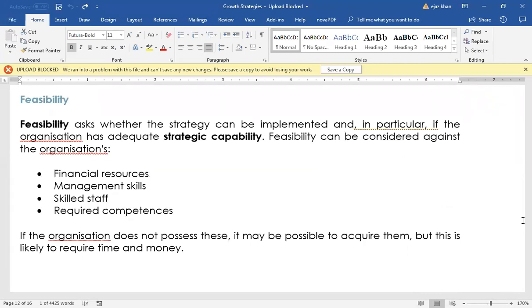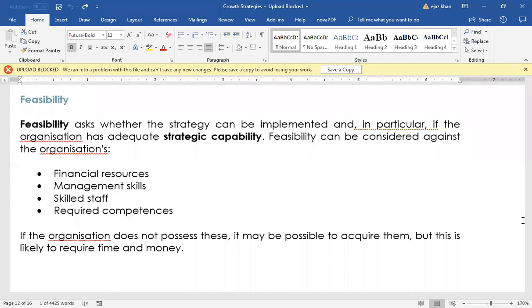Do you have enough financial resources to apply this strategy? Do you have skilled staff? Do you have enough management capability? For example, if you're thinking of offering online products, do you have a well-trained IT team to support this?